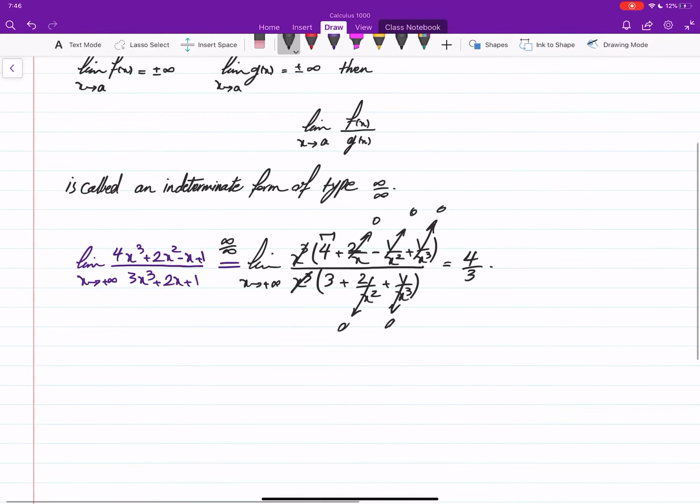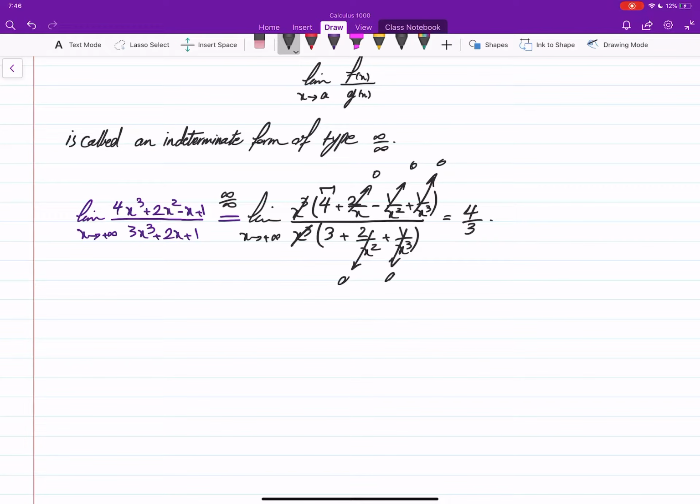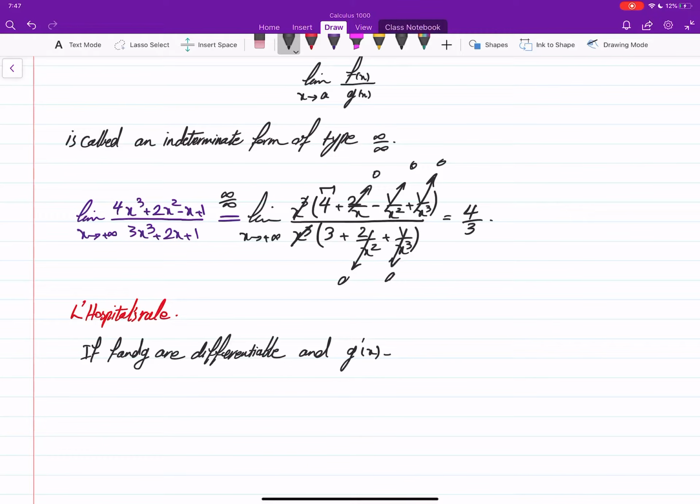For resolving these cases, we have again L'Hopital rule, which says, okay, if f and g are differentiable, and well, we can write f prime over g prime.